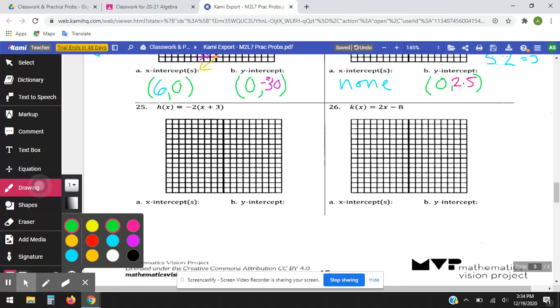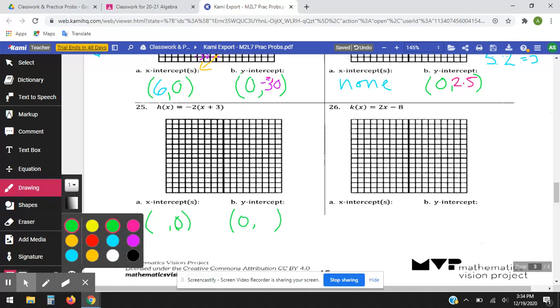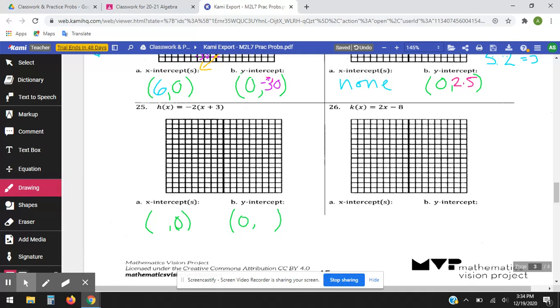So let's start with what we know. The y-intercept is when x is 0. Oh, look, we have the distributing again. So let's go ahead and distribute that. It's a negative this time. Make sure you carry it with it. So negative 2x minus 6.